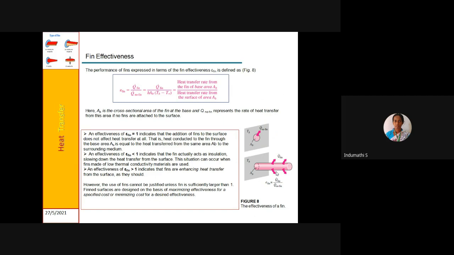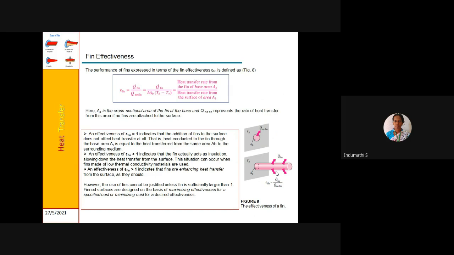If the effectiveness is equal to 1, it indicates that the addition of fins to the surface does not affect the heat transfer at all. That is, the heat conducted to the fin through the base area is equal to the heat transferred from the surface to the surrounding medium. Effectiveness less than 1 indicates that the fin actually acts as an insulation, slowing down the heat transfer from the surface.